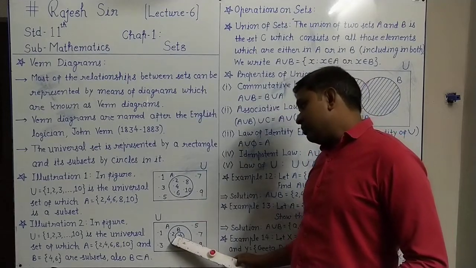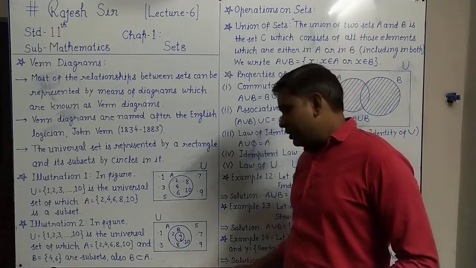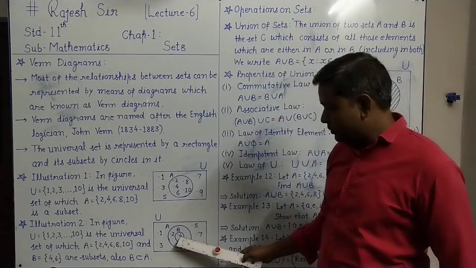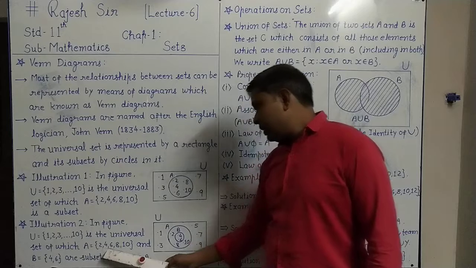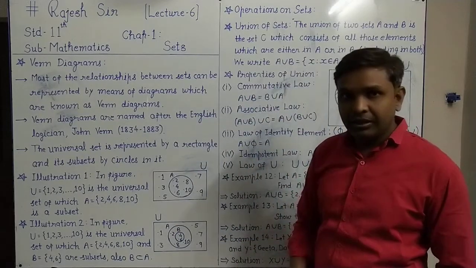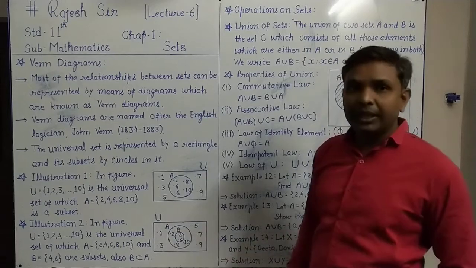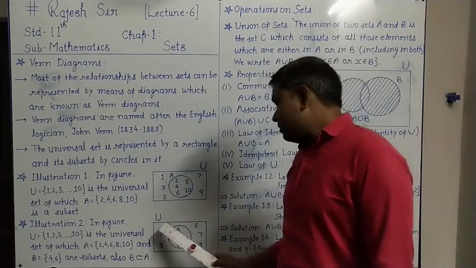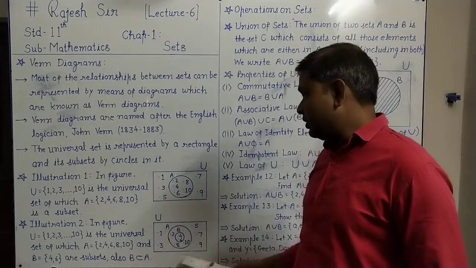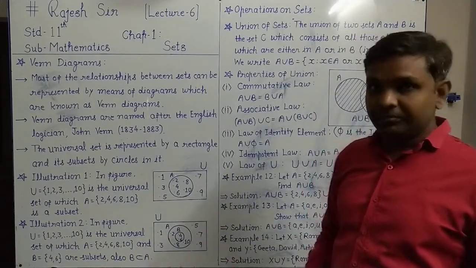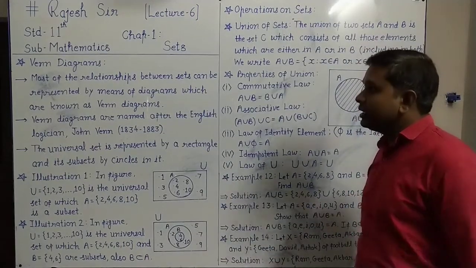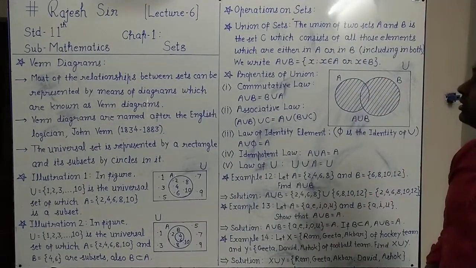Here you can note that B is a subset of A, because 4 and 6 are in A. So B is a circle inside circle A. This way the universal set is represented by a rectangle and its subsets are denoted by circles.